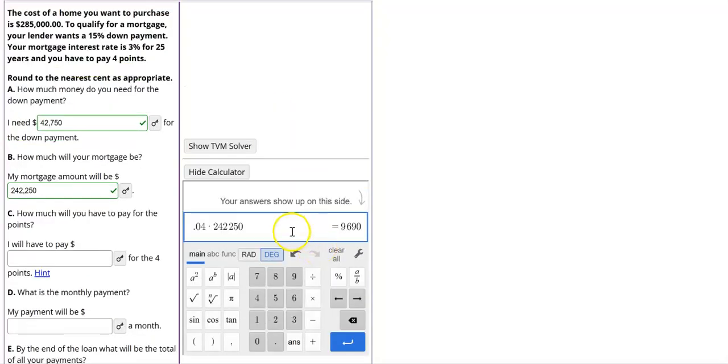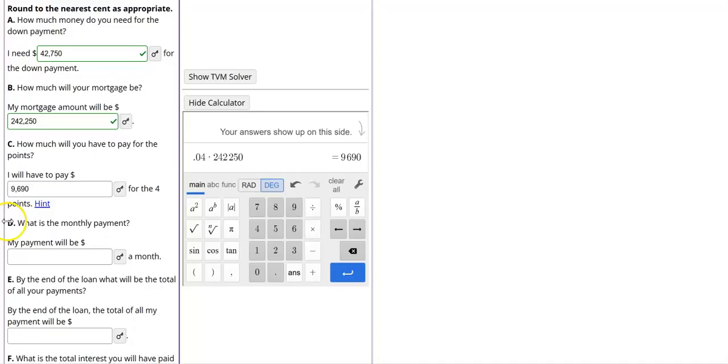That gives you $9,690. So that's what you pay for the points. $9,690 for the points.